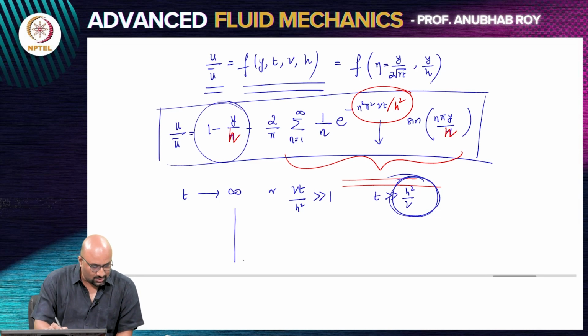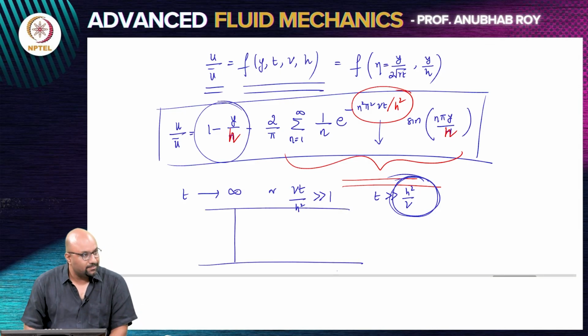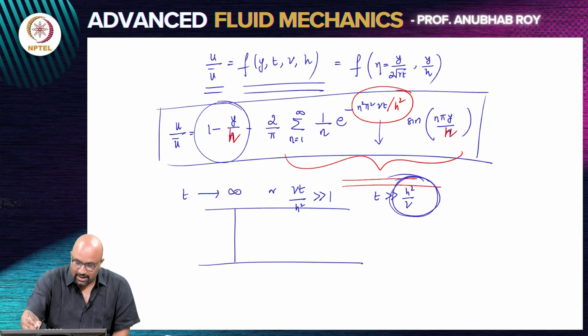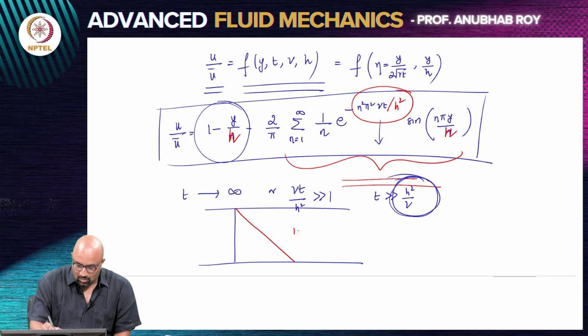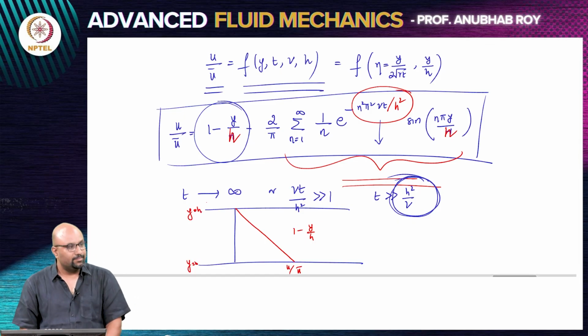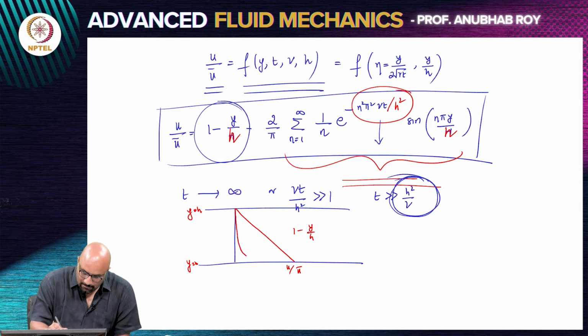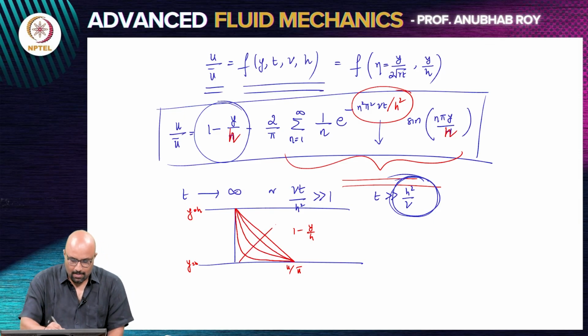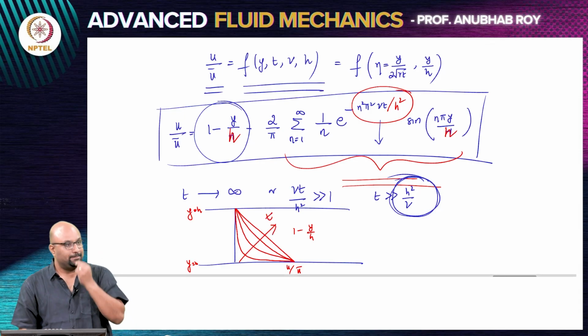So now if you plot the solution between the two plates, obviously your earlier exercise from the class would give you the steady state profile. This is 1 minus y by h. You are plotting u divided by u bar. This is y equals 0, this is y equals h. But then the earlier profiles in time would not look like this. They are going to look like this, so this is increasing time.